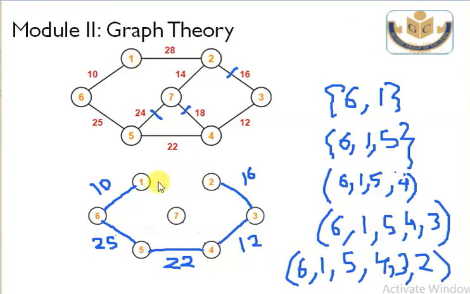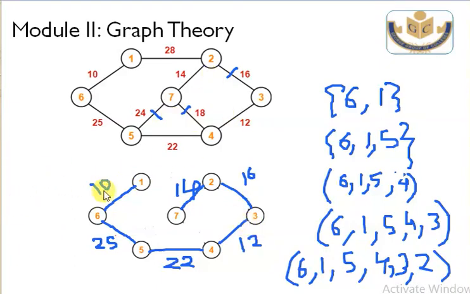If I draw this picture, this will create a cycle, so I cannot go to 1. 28 will create a cycle. So what are the other points that I can go to? From 2 I can go to 7. So between 28 and 14, which one is minimum? Minimum is 14. So I will draw this. So this is the picture, correct?